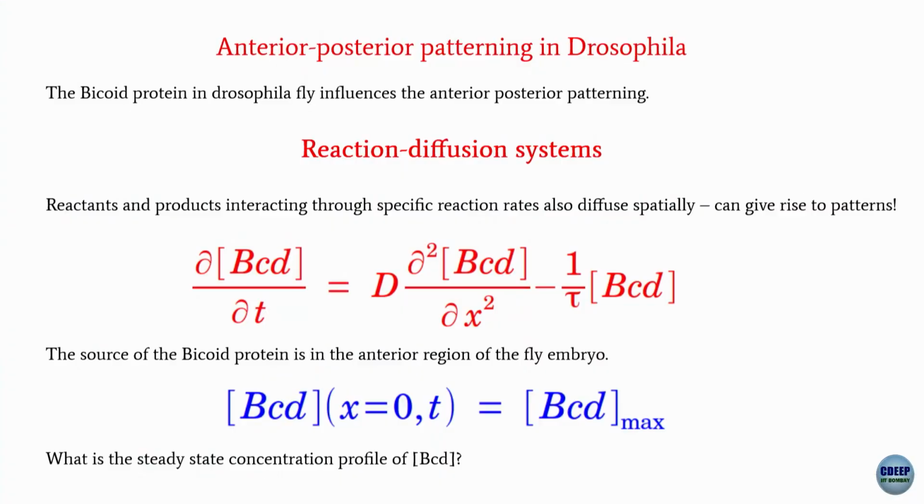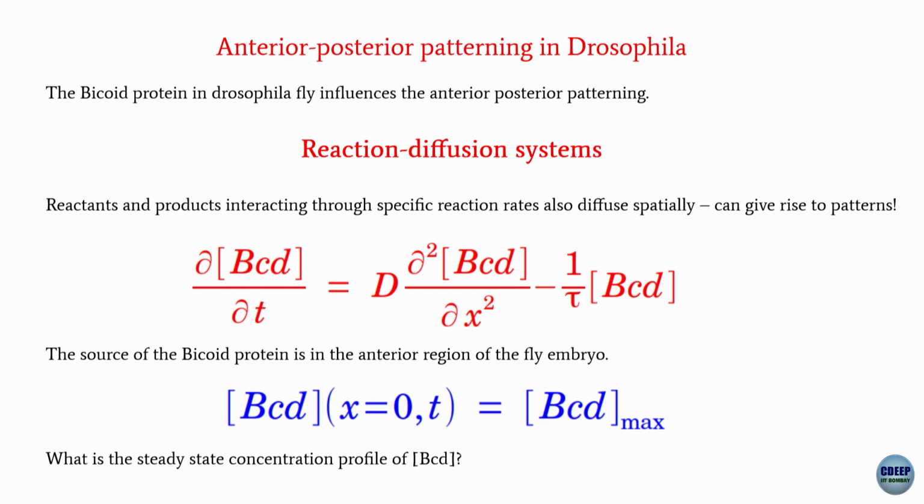All right. So how do people go about modeling this? The simple thing is to write down something like a diffusion equation. So you produce the bicoid protein. The bicoid protein diffuses, so it has some diffusion coefficient D, and it also has some lifetime. So it's a decay process, which means that it has some characteristic lifetime tau.